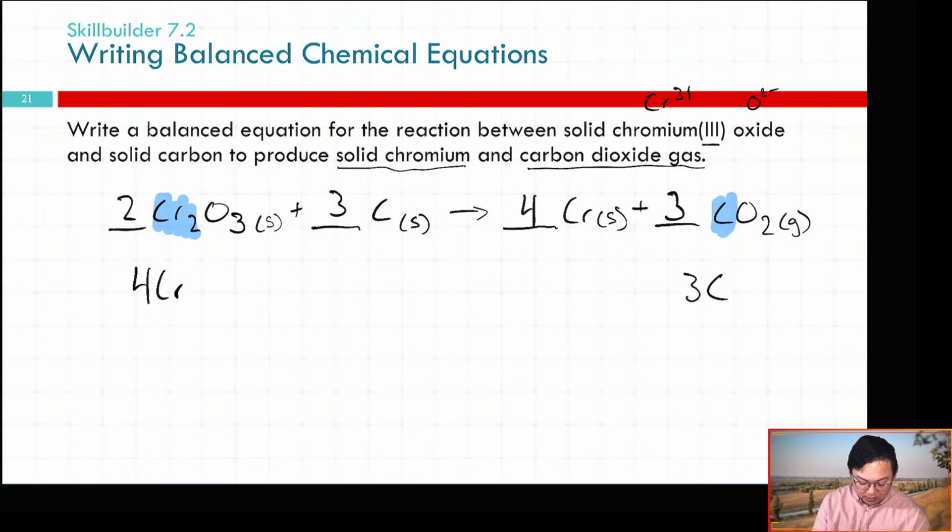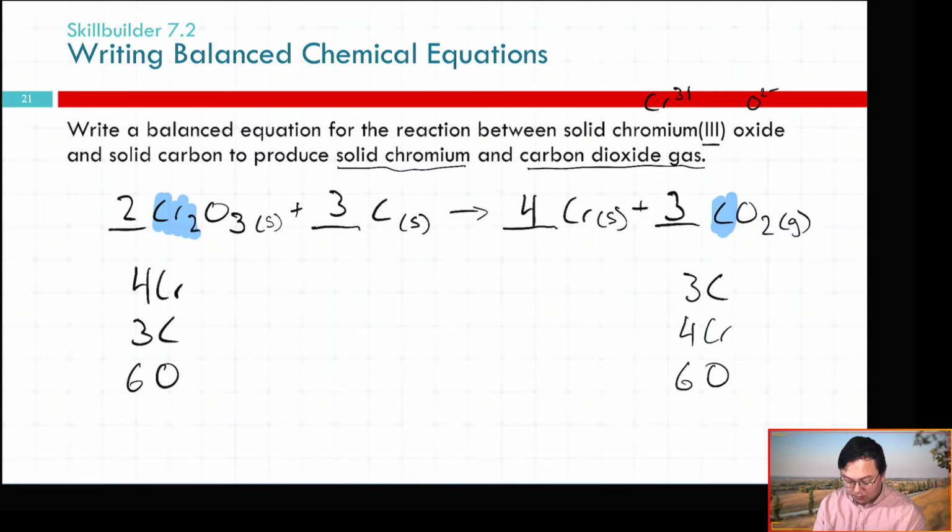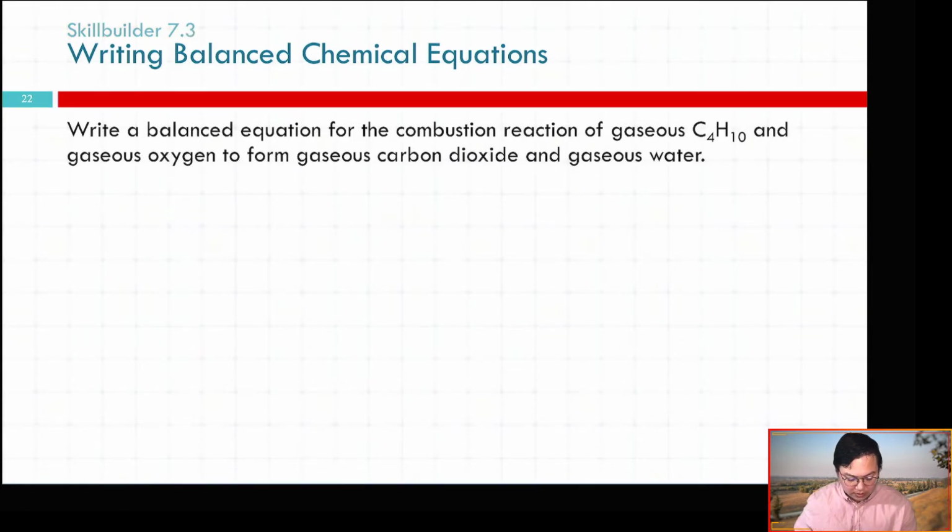So now if we go back and look at either side, 3 carbons, 6 oxygens. And then since I have carbon here already, we know that's balanced, but then we can do 4 chromiums and 6 oxygens. So we're balanced. We got a lot of these though, so we got a lot of examples.